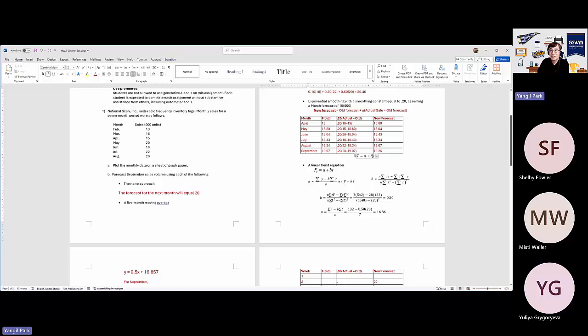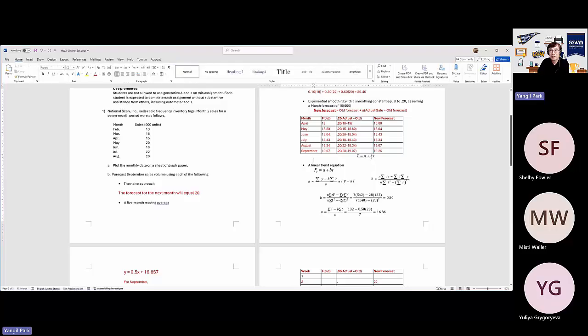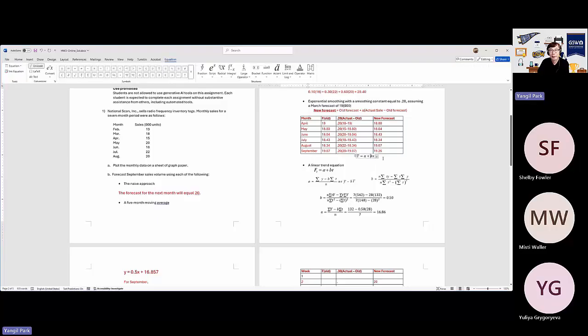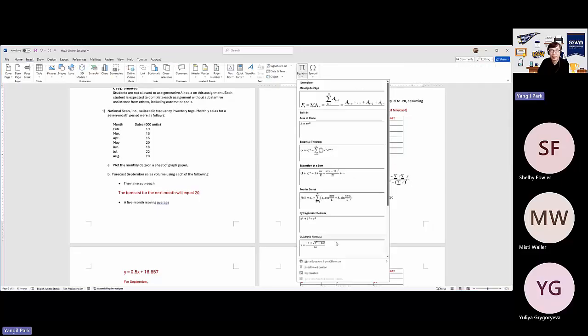So I think this is easier than trying to figure it out with all the different fonts and all that. Then you can always go back. If you kind of lost the editor, then you go back by clicking it, or you just go to Insert and bring Equation back. Okay.